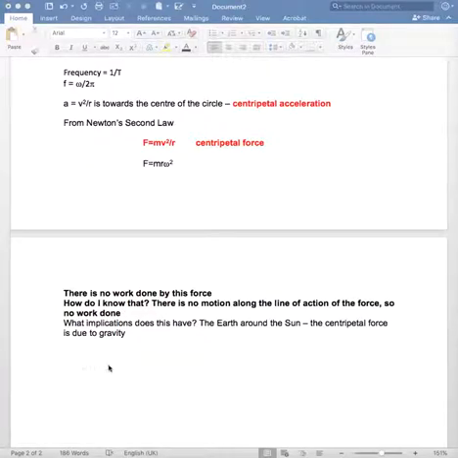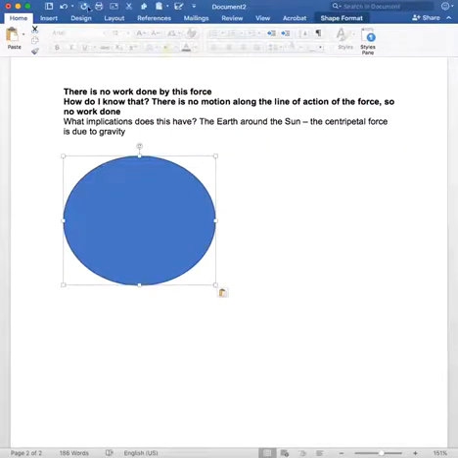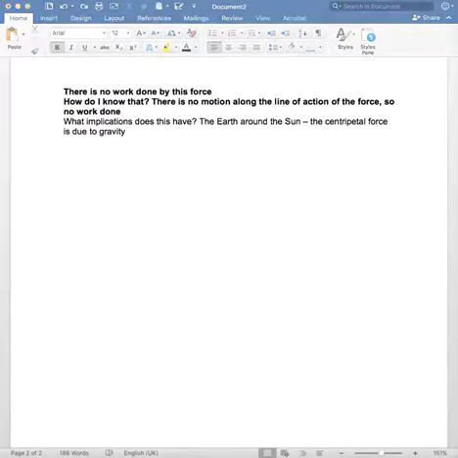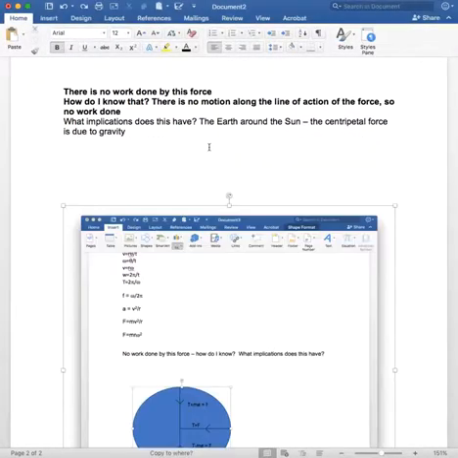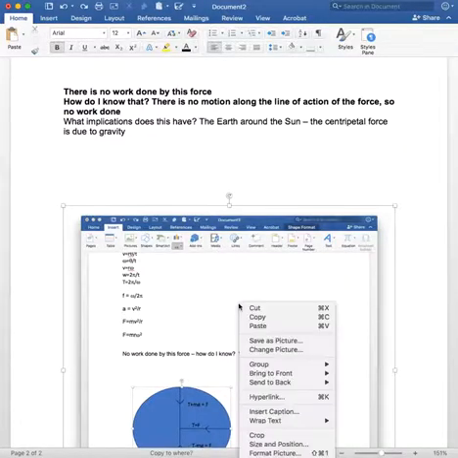I don't know whether I can do that just, no, okay. So here is my diagram, which I want to crop. Just give me a moment while I do that.